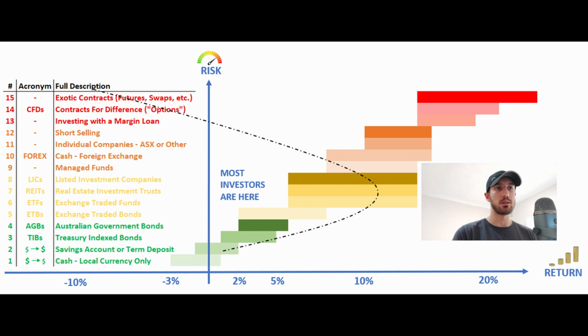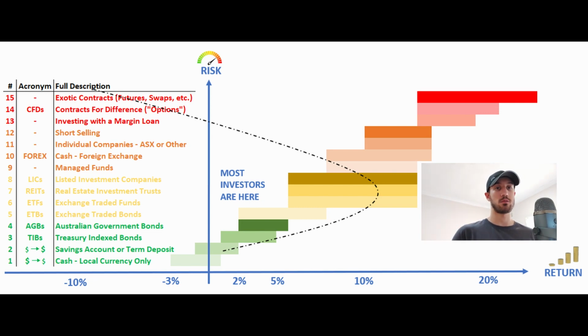So if you start dabbling in margin loans or short selling, or on the flip side, if you're too heavily into cash, gold, silver or term deposits, you're leaving a lot of money on the table in the long run because you're missing out on the productivity behind the riskier asset classes.